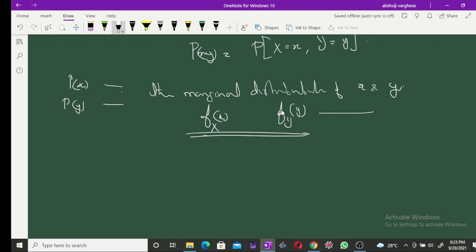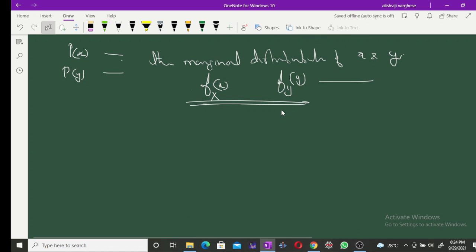But I think this p of x and p of y is a very straightforward representation of marginal distributions, if it is directly implied and self-explanatory in our particular situation. The second one is a more complex notation to represent the marginal distribution of x and y.